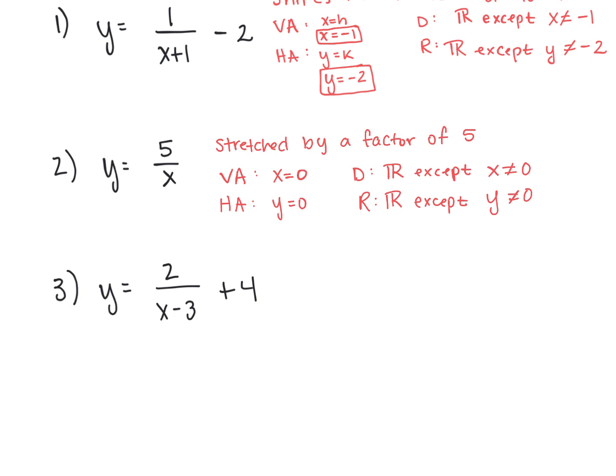So going over number 3, the 2 that is in our numerator will cause a stretch. So we will say we are stretched by a factor of 3. The x minus 3, that minus 3 will move us 3 units right.